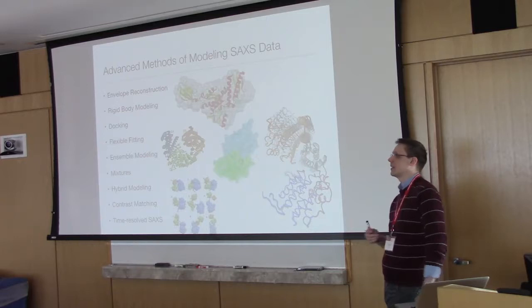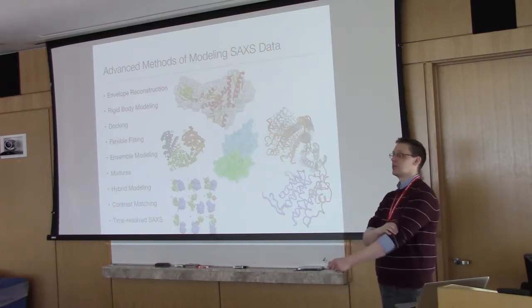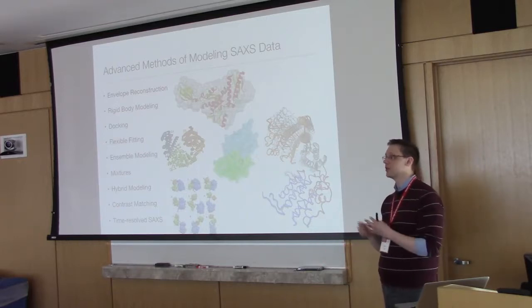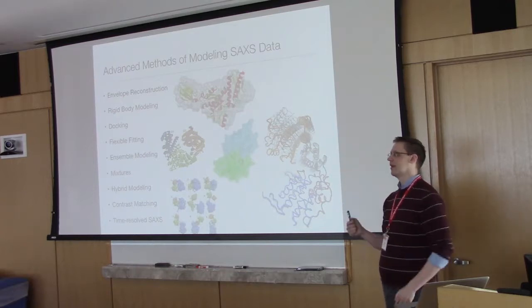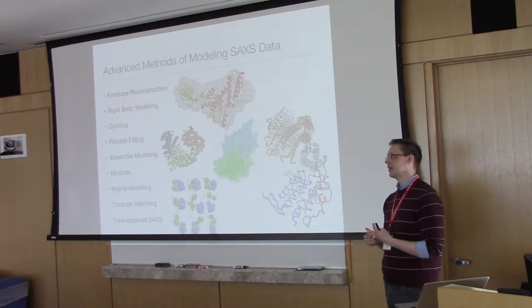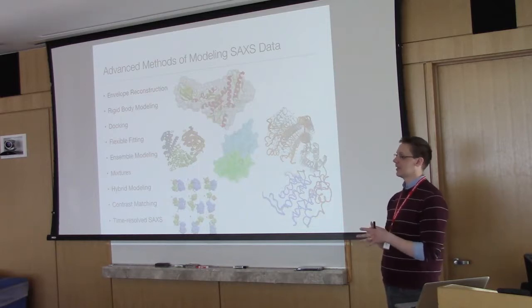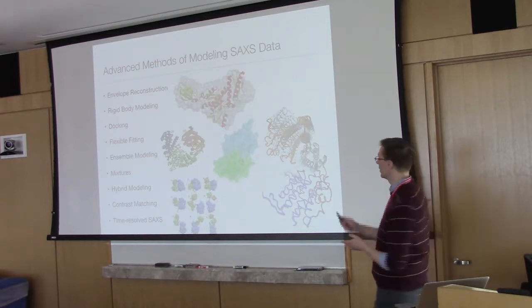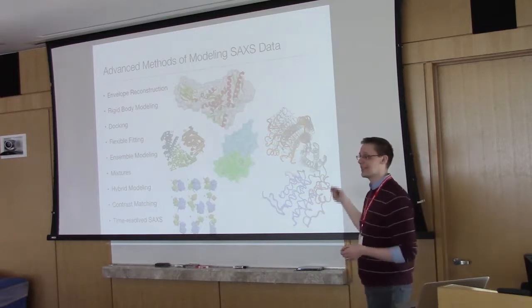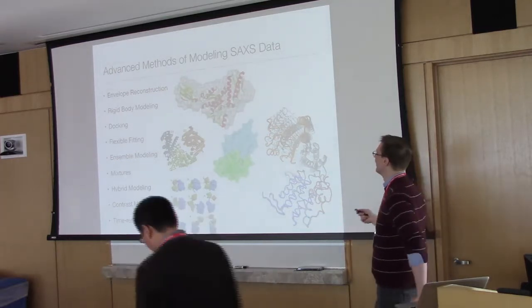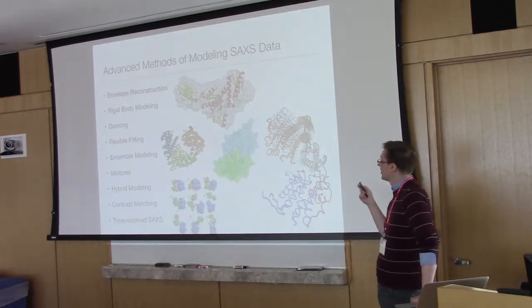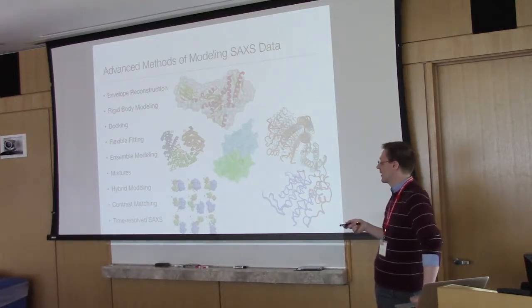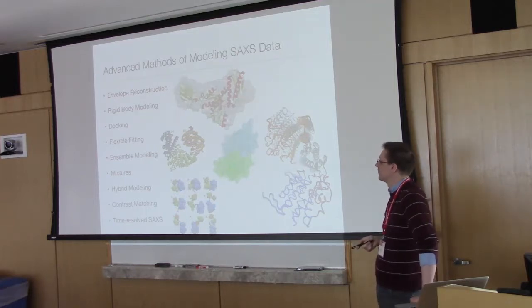A lot of times you'll have fragments of structures known, and you'll know there's a flexible linker, so you can take the known fragments and, if you know it's flexible, do ensemble modeling. Maybe we'll get to that, and that'll answer your question. I forget half what's in this talk, but there are a lot of these fun things that we can do. This is an example of ensemble modeling, where it actually picks out different cases.